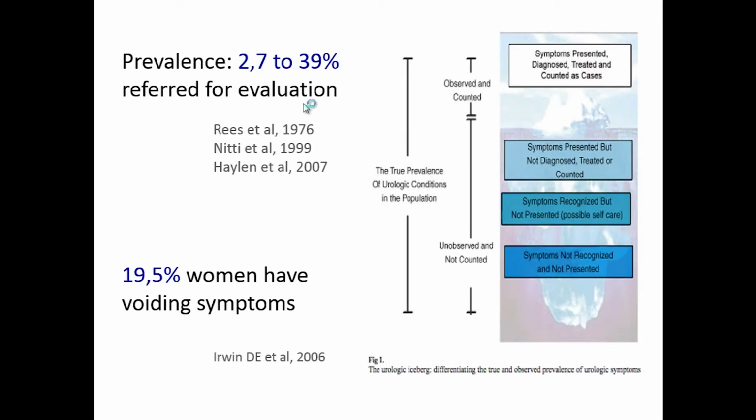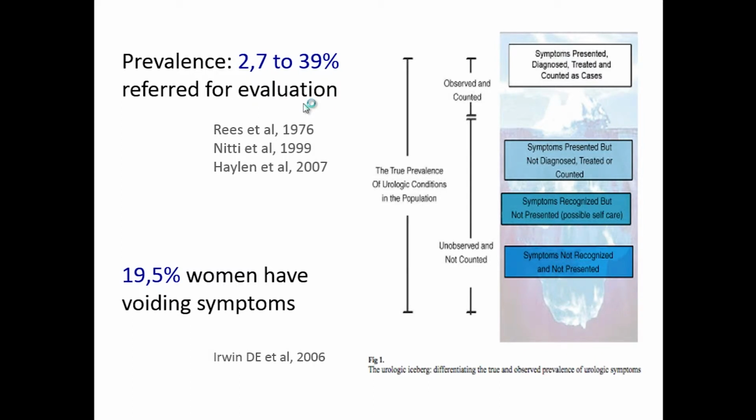Well, this is what we call a urologic iceberg. This had been previously described for a lot of urologic pathologies. What it means is that the actual number of patients that we see is very few compared to the real prevalence in the population.